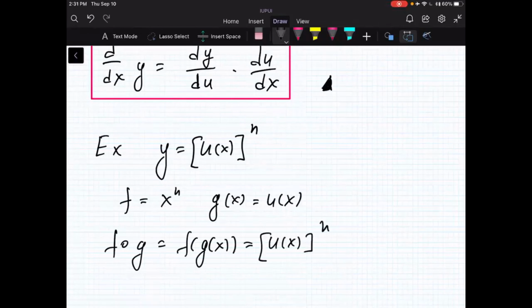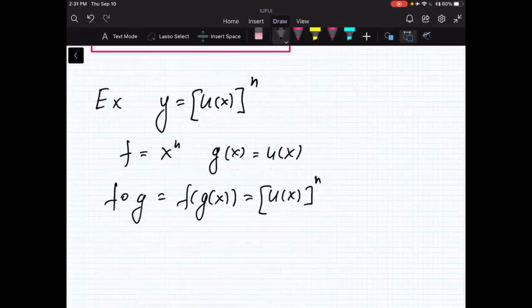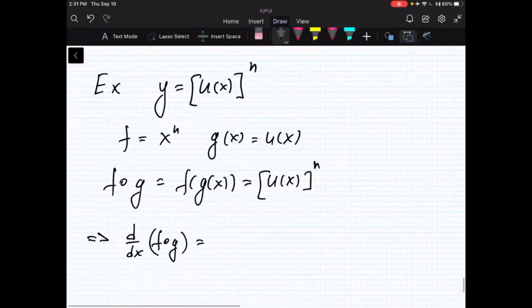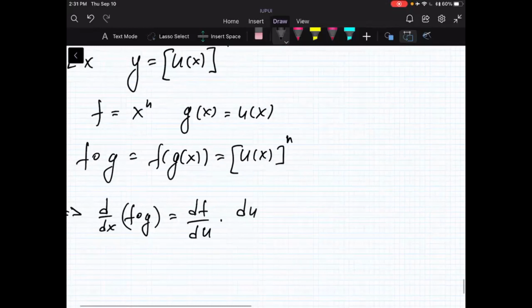So indeed, the power of some function is just the composition of two functions. And that means that the derivative of f composed with g, which is the same as what we did, is df over du times du over dx.